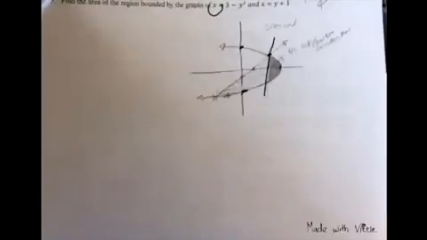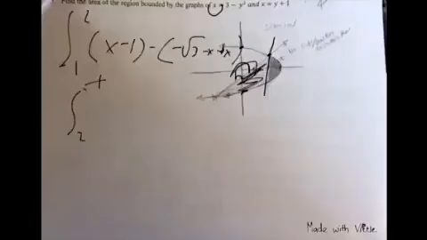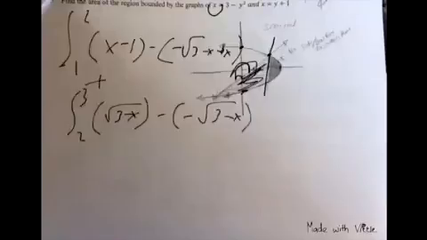Now, once you put it into regular y equals mx plus b form, you're going to have the integral from -1 to 2, because we are starting with this area first, of x minus 1, which is clearly the top curve here, minus negative rad 3 minus x dx, plus the integral from 2 to 3 of rad 3 minus x minus negative rad 3 minus x, because in this area, it's just this line that's making up the curve.